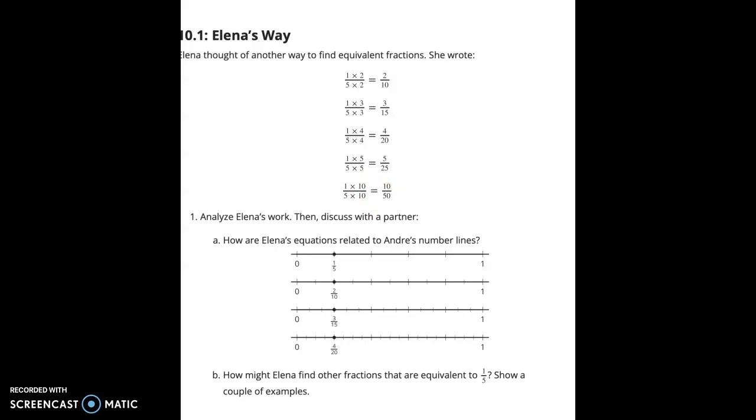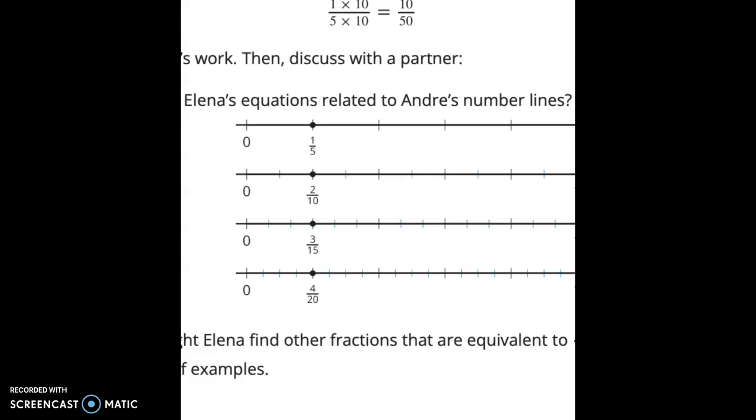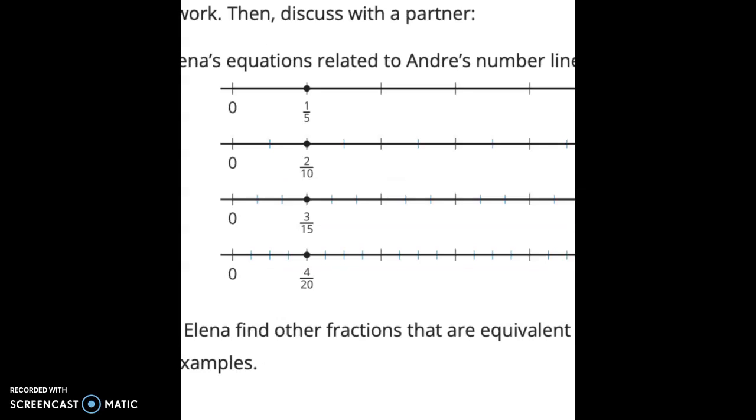So let me get my pen down here. If I was to do 1/5, I could try times 11. So I would multiply the top by 11 and the bottom by 11.